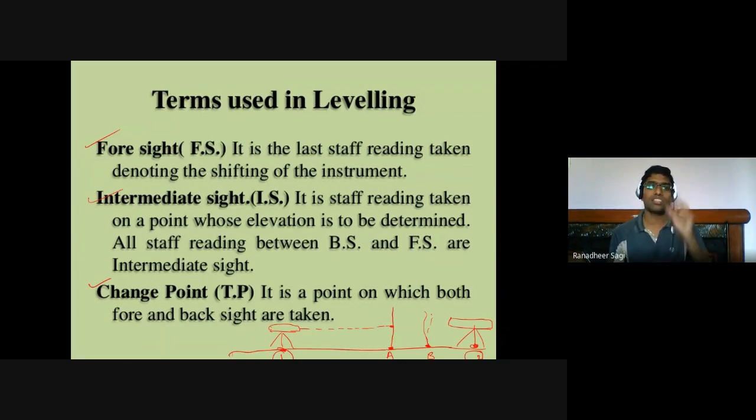Now what does this word change point mean? It is the point on which both foresight and backsight are taken. So what is that point?